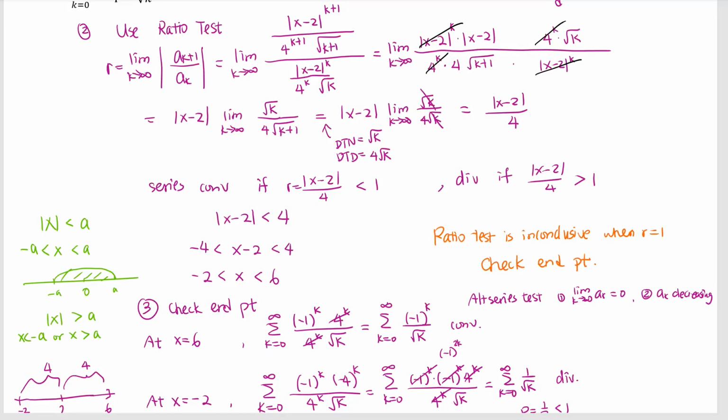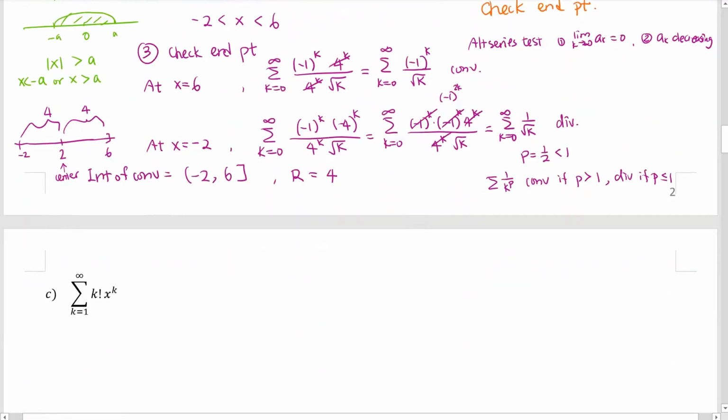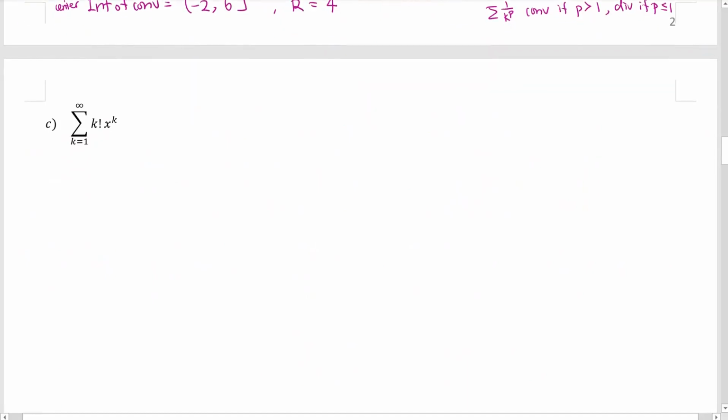In case 2, we actually have an interval, but whether it converges at the endpoints really depends on the series. So this is one example of that second case. The third case is when the series only converges at the center, only one point. It diverges anywhere else.